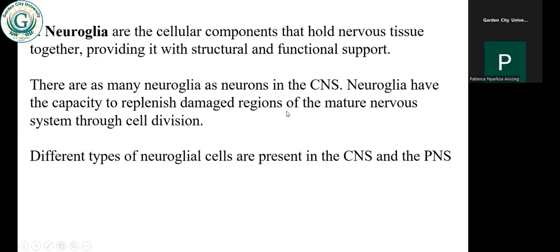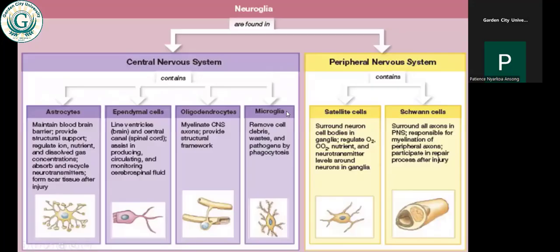So we have these cells that are providing support. In the central nervous system, we have the astrocytes, the ependymal cells, oligodendrocytes, and microglia cells, all providing their unique support to the neurons so that they can help transmit the signal effectively.